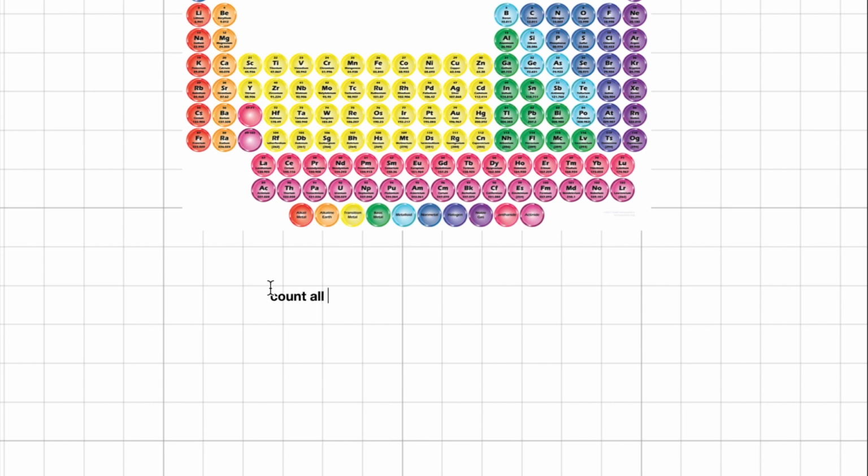Count all the valence electrons. And then I can just put a 1 there. Step 1. Okay? Step 2. Determine the central atom, and I'll explain what that is.